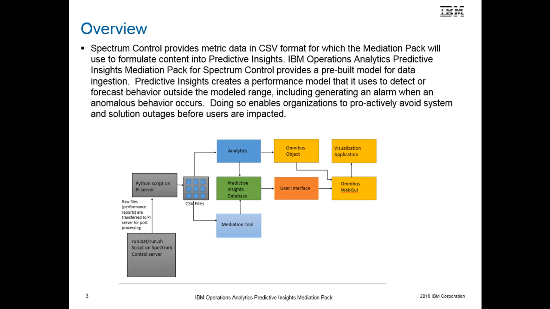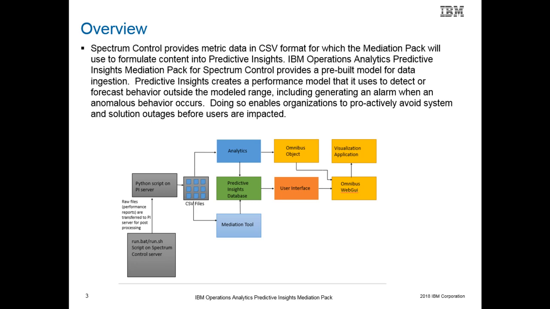The IBM Operations Analytics Predictive Insights Mediation Pack for Spectrum Control provides a pre-built model for data ingestion. This model is then used to forecast behavior outside of the modeled range, which generates alarms. The Spectrum Control Mediation Pack provides metric data in CSV format, which the Mediation Pack will use to formulate content into predictive insights.